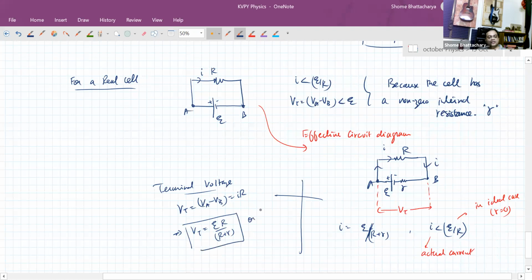Or another way to understand the terminal voltage is E minus I into small r. So the presence of the internal resistance reduces the terminal voltage. This would be the terminal voltage in the ideal case, but this is the real case. It is less than this.